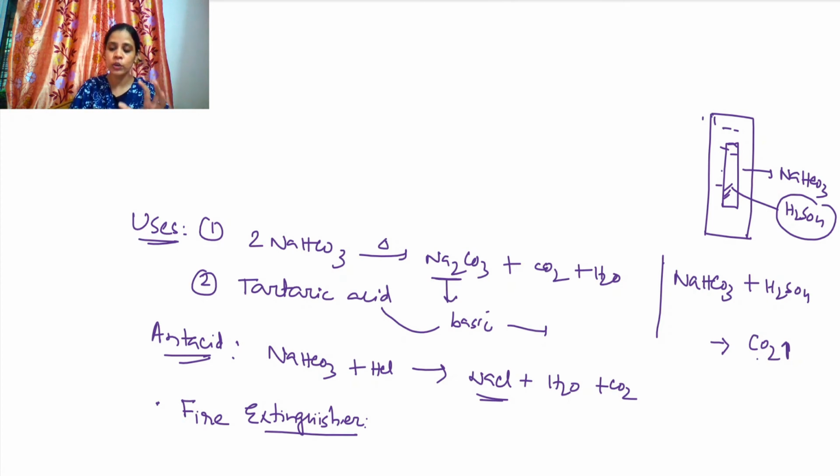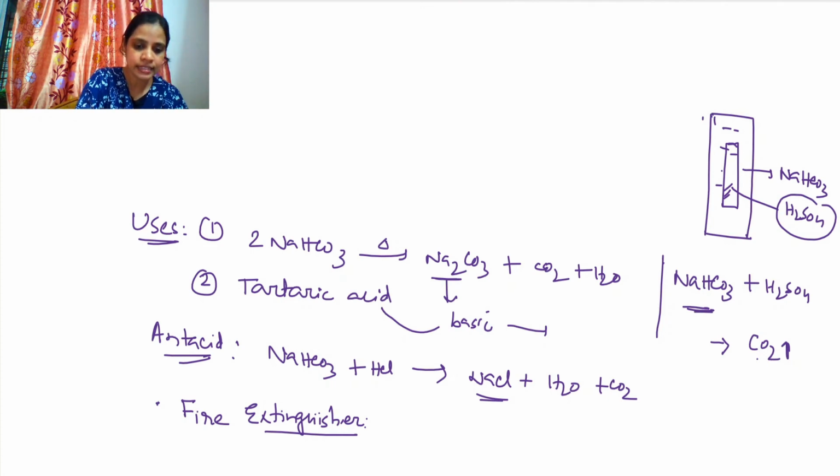CO2 gas evolves. You know gas can create pressure. So when enough pressure is generated inside the container, the gas pushes the water solution, which escapes out of the nozzle and extinguishes the fire. So in this way we can use sodium hydrogen carbonate as a fire extinguisher.